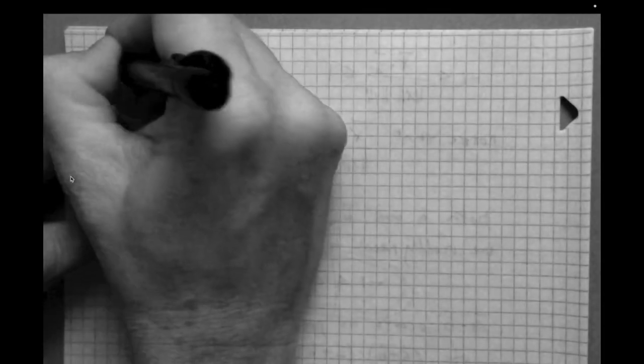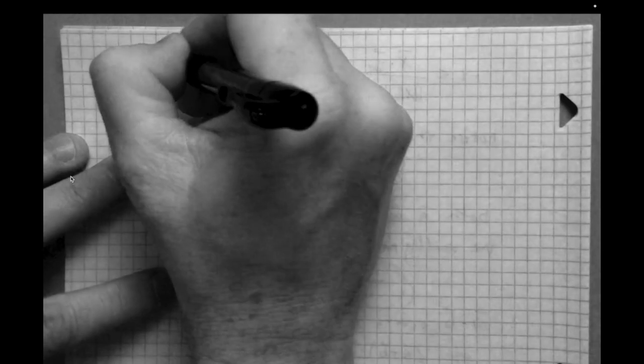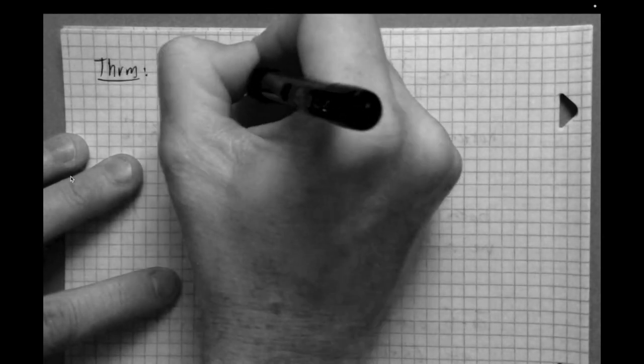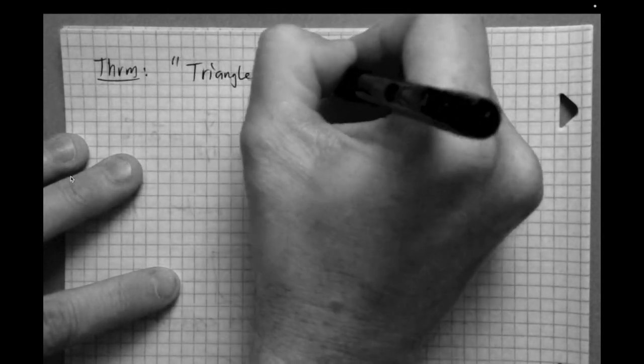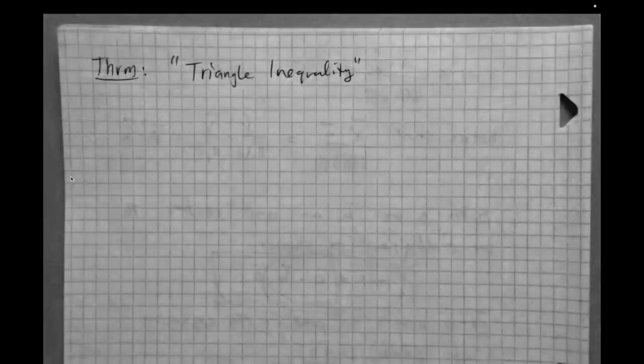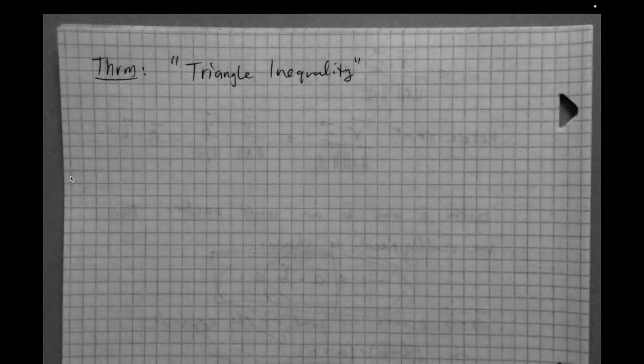And from the Cauchy-Schwarz inequality, we get to another important inequality that will be used extensively, and that is the triangle inequality. Okay, so this is the triangle inequality. As we work through the proof of this one, you'll see that it draws directly from the Cauchy-Schwarz inequality.